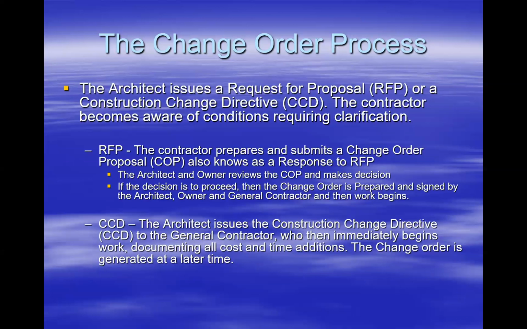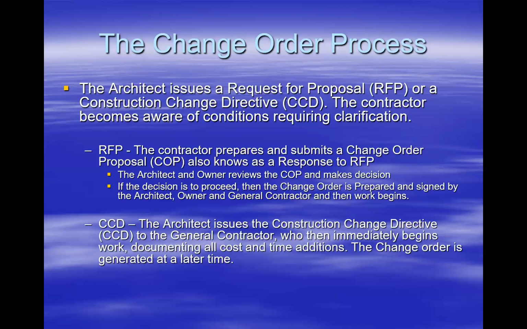So the last thing we're going to talk about is what happens when an RFP is not issued and a CCD is not issued. And basically what happens is the contractor becomes aware of some type of condition that we need clarification.